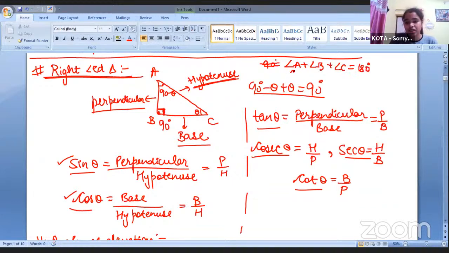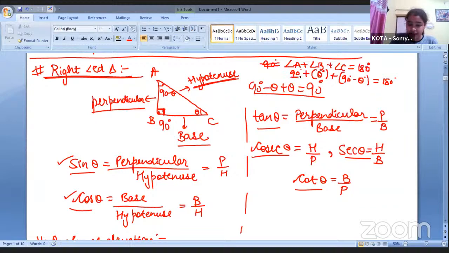Now here one angle is 90 degrees, so the rest two will add up to 90 degrees, because we have to make the total 180 degrees. If we suppose another as theta, the third one will be 90 minus theta by simple calculation.